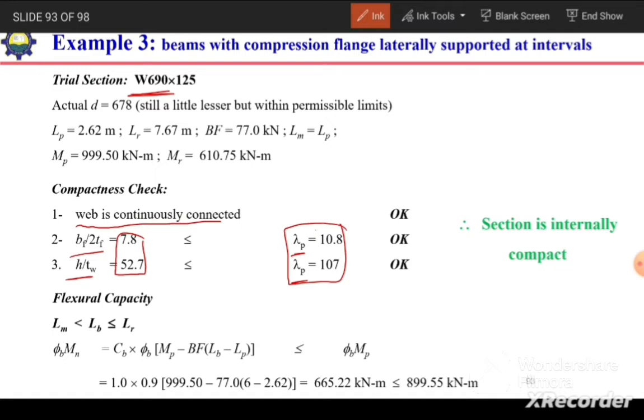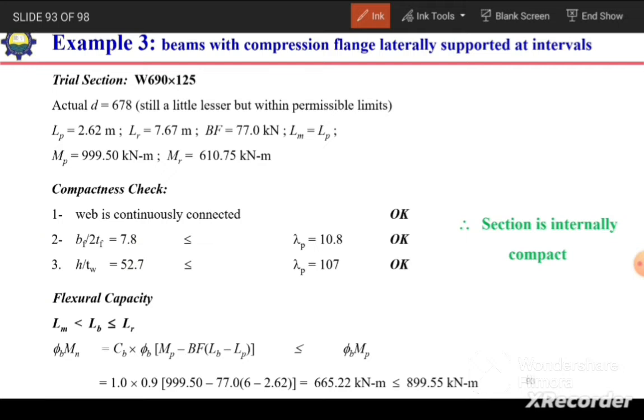For the detail of these lambda p, you can refer to the video related to example 1, how we can select lambda p for flange and for web, and their limiting values are 10.8 and 107 for A36 steel. The bf over 2tf, which is 7.8 for our selected section, is less than 10.8, so it's okay. Similarly h over tw for the web is also less than 107, so it's also okay. So all three criteria are satisfied, so our section is compact.